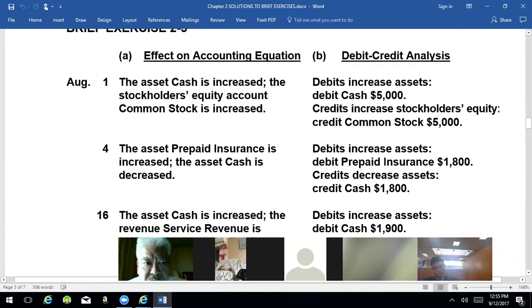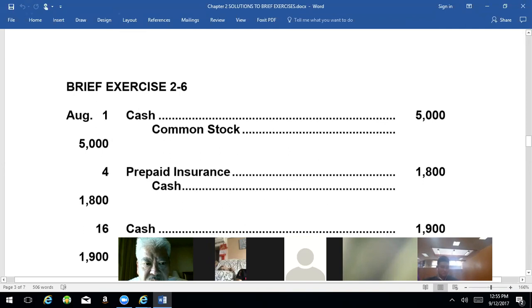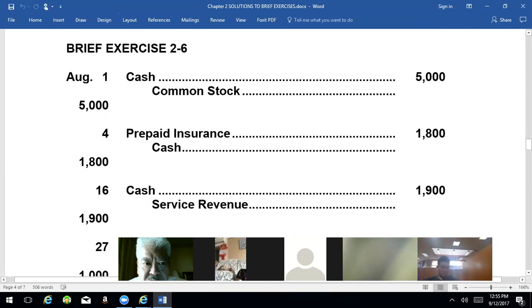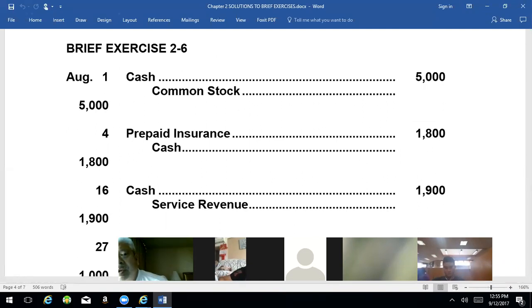If you take a look here, cash got put into the business, so debit cash for the increase in cash, an increased asset with the debit. The owner bought the common stock, and as a result we have a credit to common stock for 5,000.